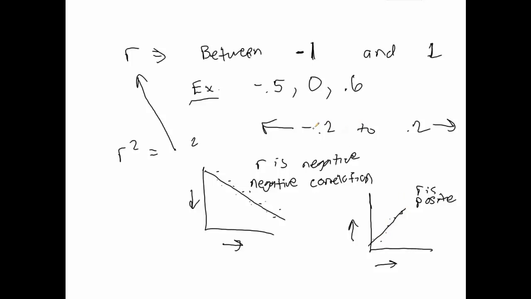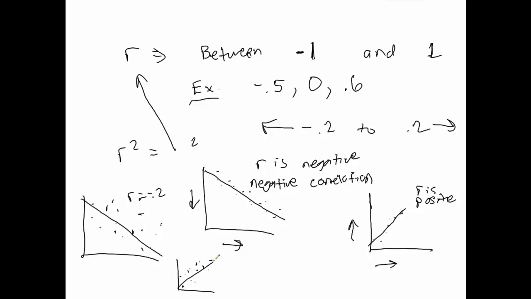So what would a negative 0.2 look like? Negative 0.2 would probably just be a bigger cluster of points, of course, with a negative relationship. And what would r of positive 0.2 look like? Well, that would be the same idea, except it would be a positive relationship. So that could be r equals 0.2.